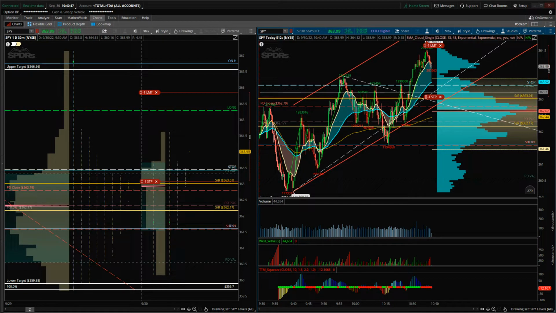Which is only a little bit below where we're at right now. A lot of selling effort. Really didn't get that much out of it. At least not yet. They're not done, though.